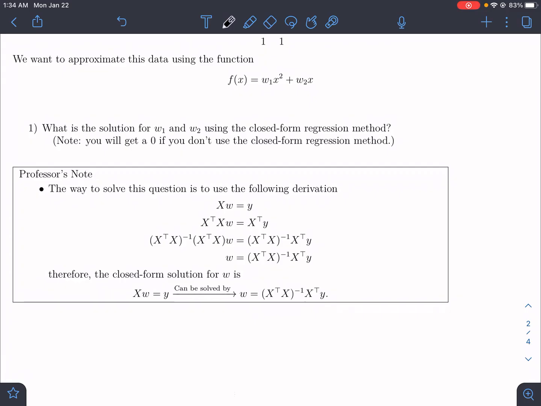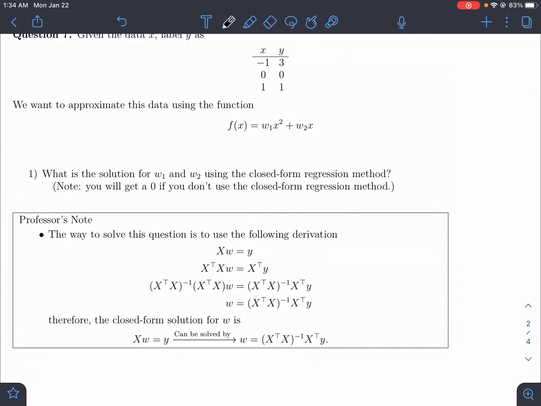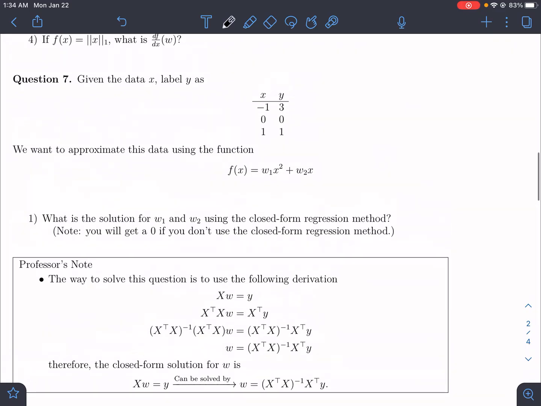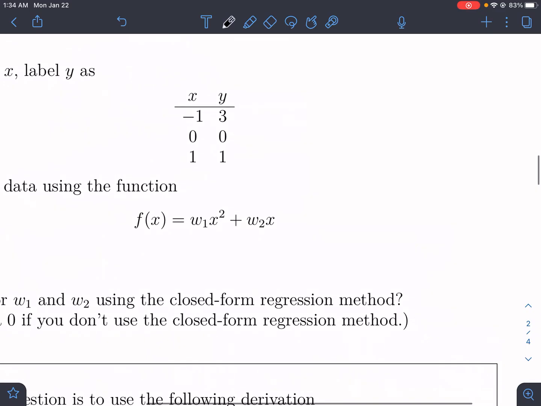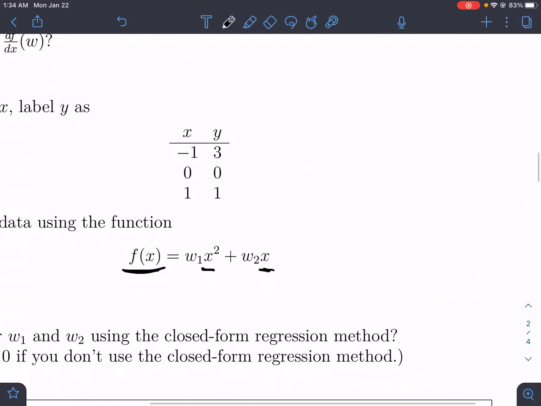Now you're going to notice that this is big X transpose, and we don't have big X. We need to make capital X, which is our feature map in this case. And we can see our function here. So we have an x squared term and a normal x term. So remember, phi of x is our feature map.